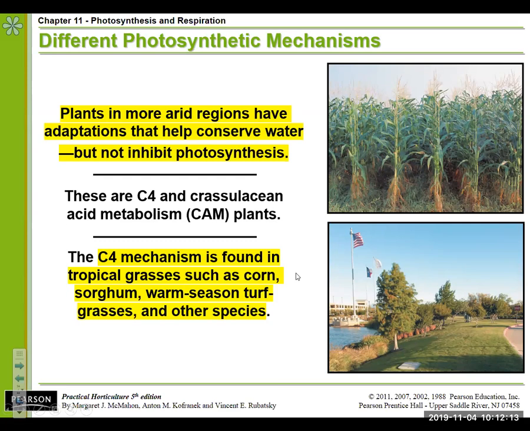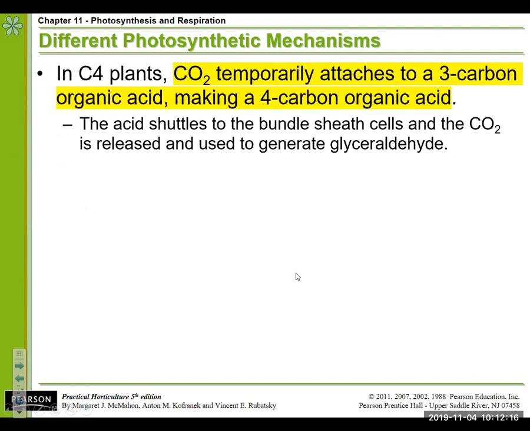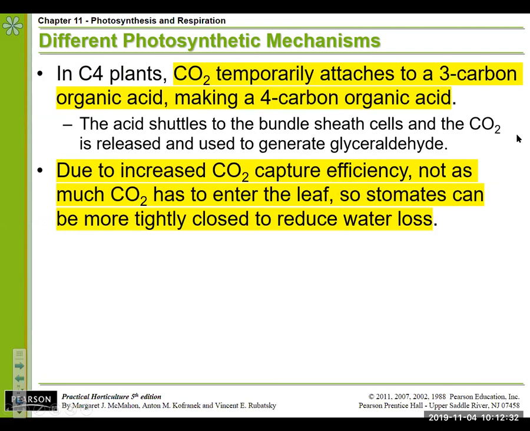Basically, it's just a more efficient pathway for photosynthesis, where the carbon dioxide temporarily attaches to that 3-carbon organic acid that then makes it a 4-carbon organic acid, so called C4 instead of C3. And basically, that's allowing it to increase carbon dioxide capture efficiency without losing the water vapor through the stomata and the leaves. So basically, it's just a more efficient form of taking in CO2 without reducing the water loss.